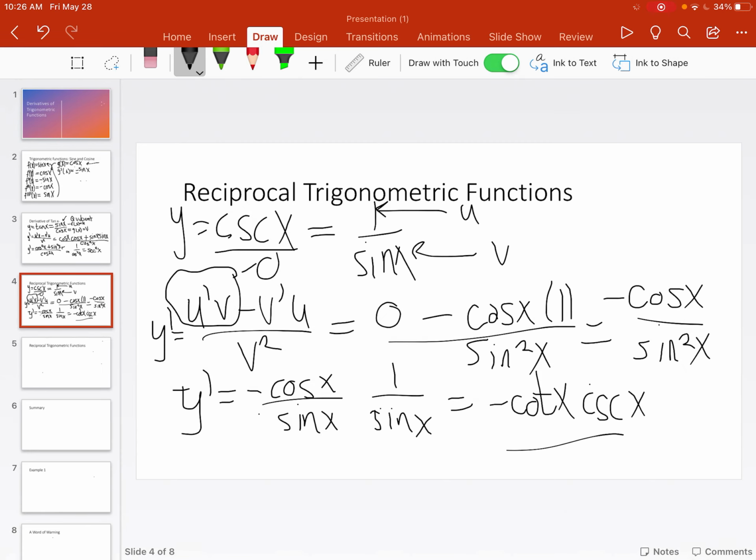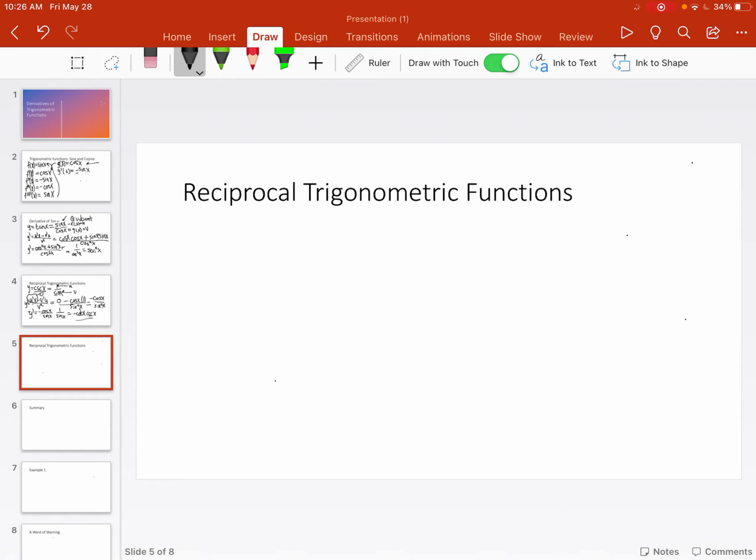And like I said, you really, really got to know your identities. So let's go on to the next one. Well, y is equal to cotangent of x. Well, what is cotangent of x? Well, cotangent of x is just cosine x divided by sine x. And what's that?